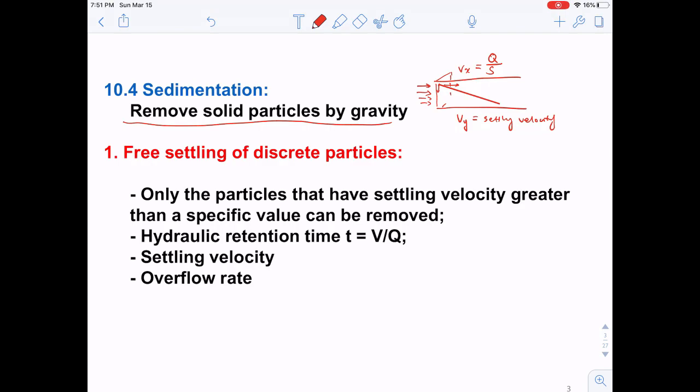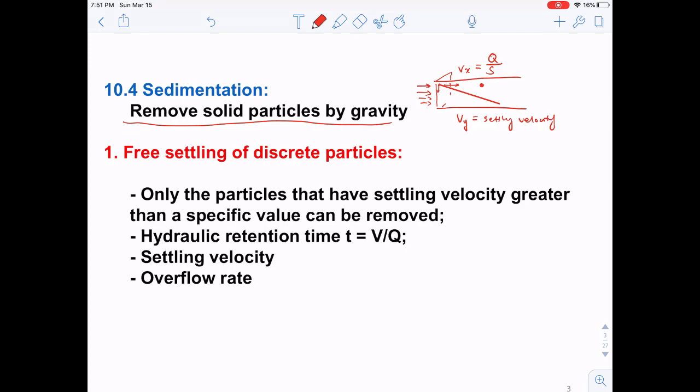Okay, so there are different mechanisms for removing particles by sedimentation, and the most simple one is the free settling of discrete particles, which means that we can see the particles as spherical, just a single particle, because this is most likely not the case if we think about the components in the water, right?